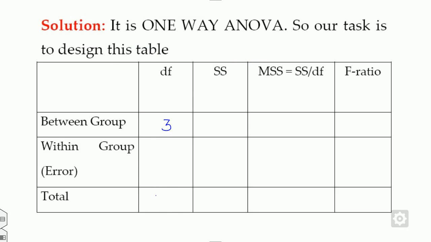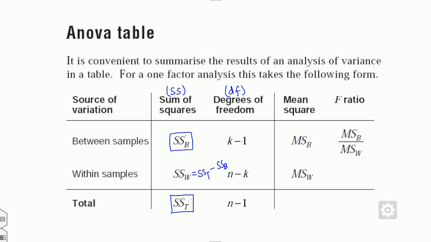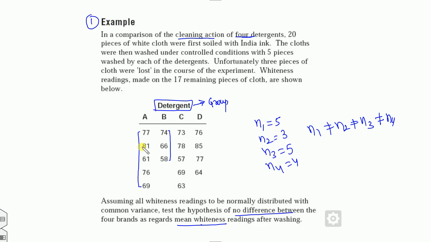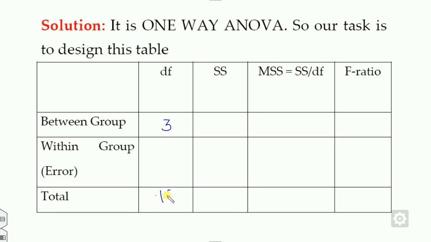Always calculate the total: how many elements are there? 5 in the first, 3 in the second, 5 in the third, 4 in the fourth. That is 5 plus 3 plus 5 plus 4, which is 17. So the degree of freedom is 17 minus 1, which is 16. I always say this plus this is equal to 16, so you can easily calculate this number as 13.